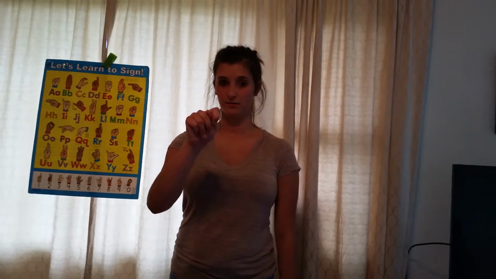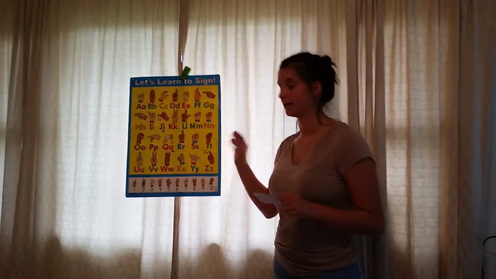T, your thumb goes through the first finger. U, V, W, X, your hand is just kind of fish hooked. Y, and then Z, you make the Z shape. And you can refer to that here in my poster.